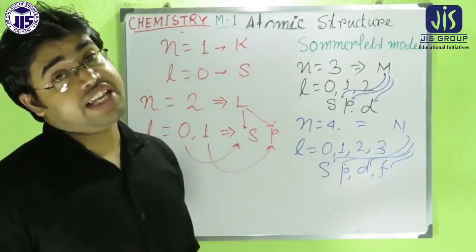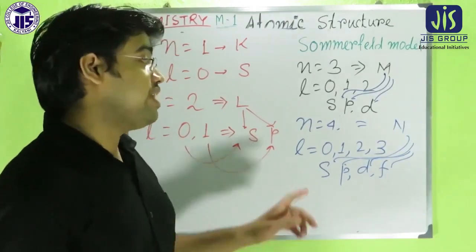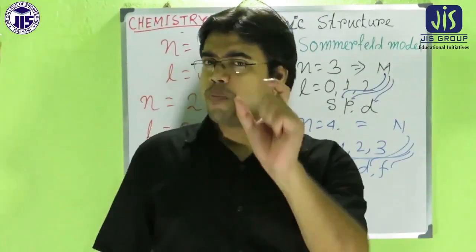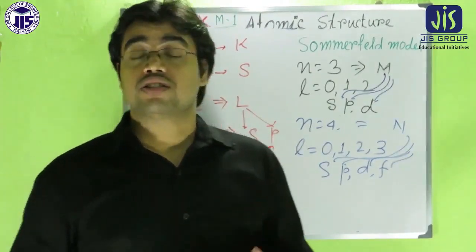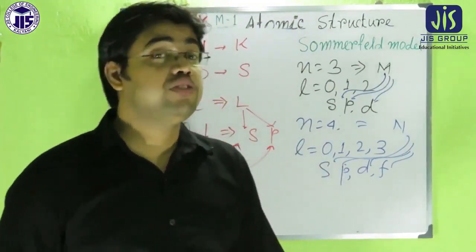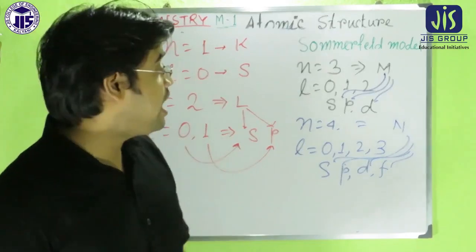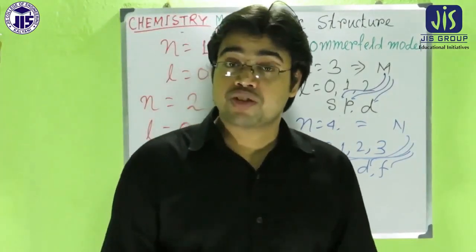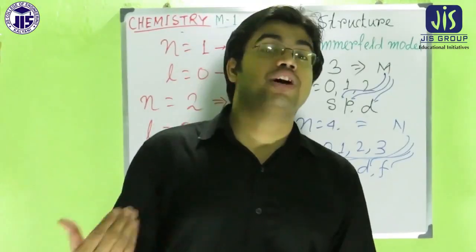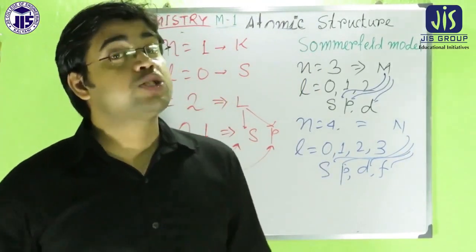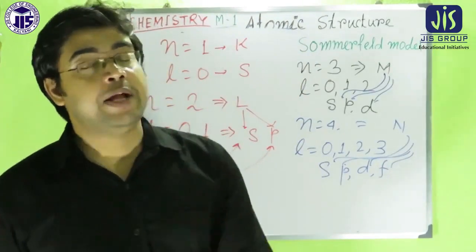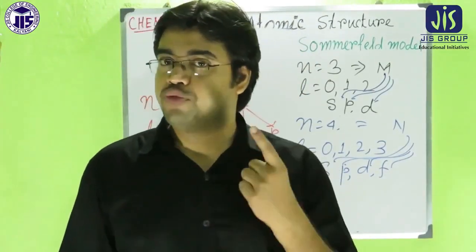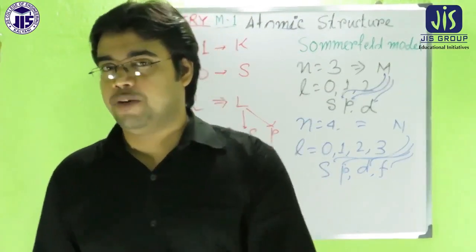That means one line is expected to be split into many small lines. So that is the Sommerfeld model, and the most beautiful thing is that the Sommerfeld model explained successfully the fine structure of the atomic spectra, and it first told that there is some kind of existence of subshells in an atom.